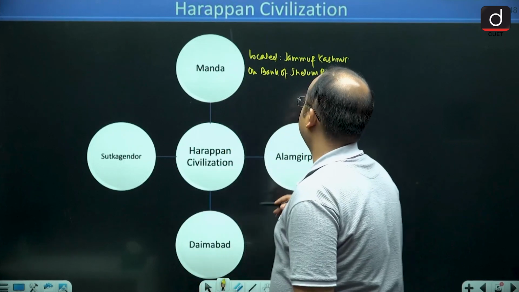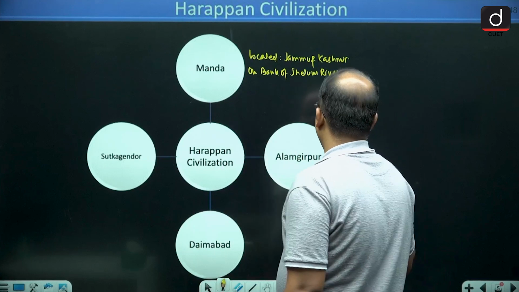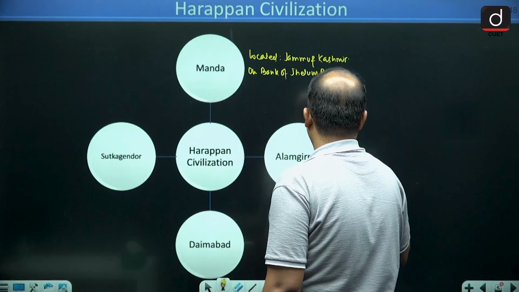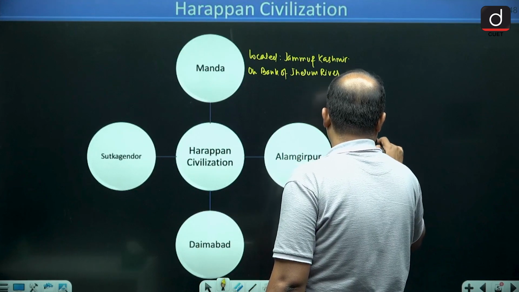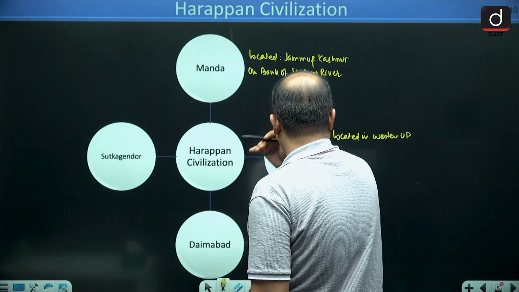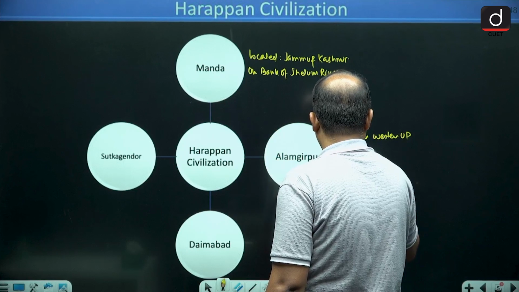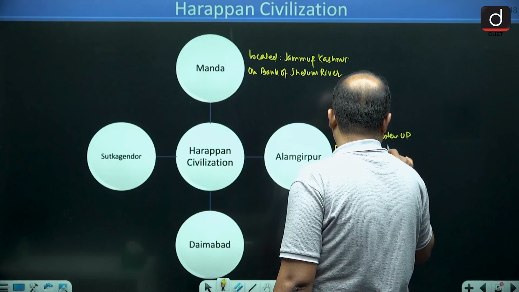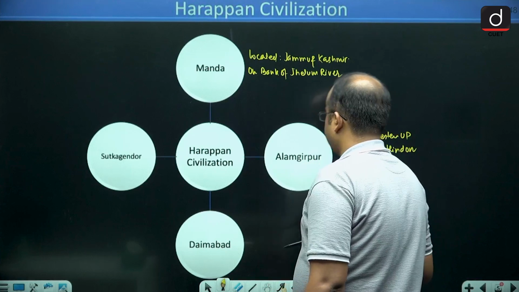Next we have Alamgirpur. Alamgirpur is located in western Uttar Pradesh, near Meerut, on the bank of the river Hindon.